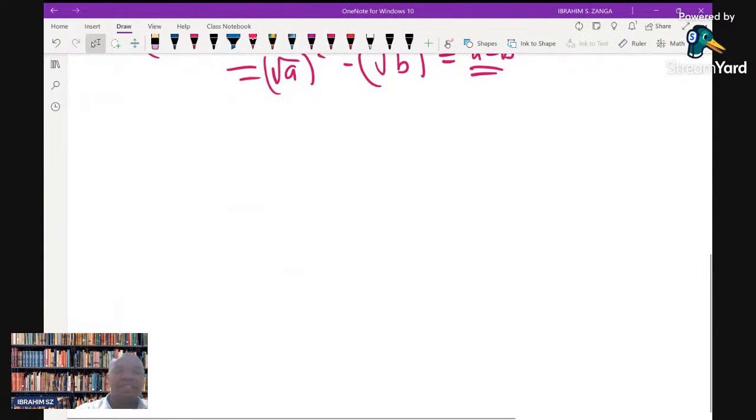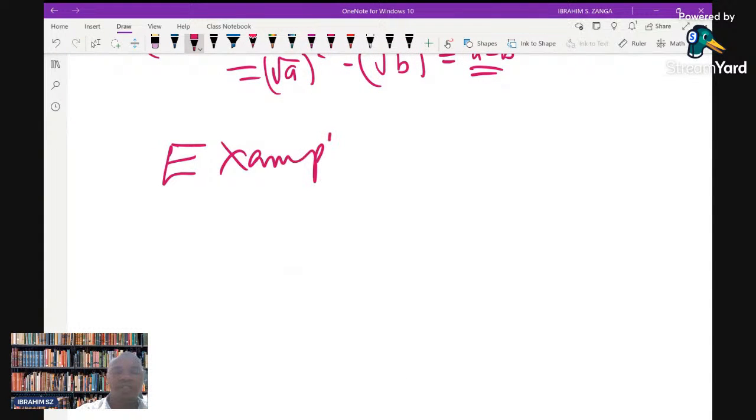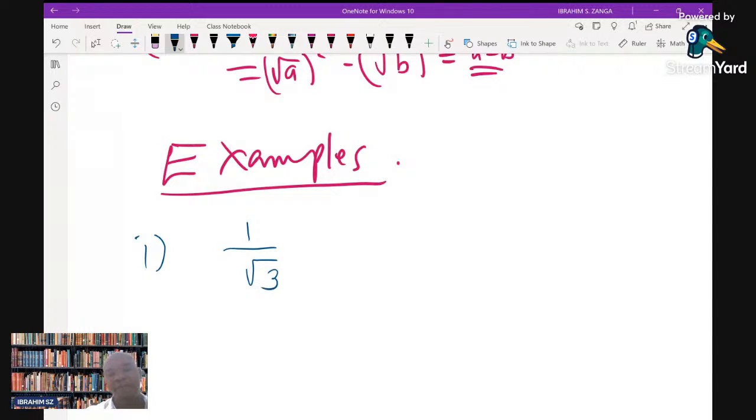So now let us see specific examples. So we are going to see a number of examples in which we are supposed to rationalize the denominator. The first example, dear students, imagine being given 1 over square root of 3 and you are supposed to rationalize the denominator.